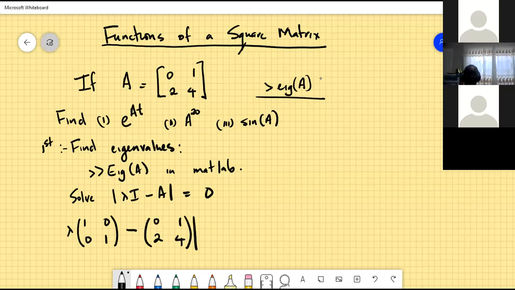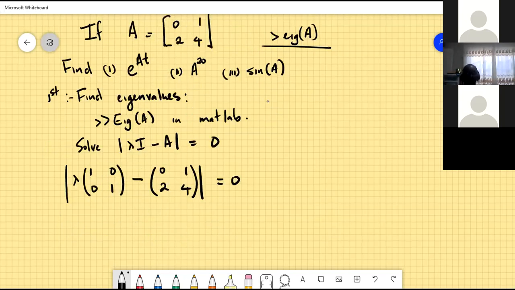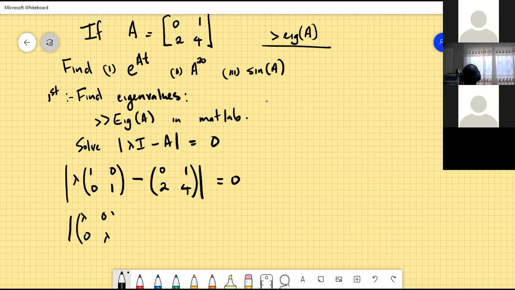That determinant must be equal to 0. So that is going to be lambda, 0, 0, lambda, minus 0, 1, 2, 4, equals 0.